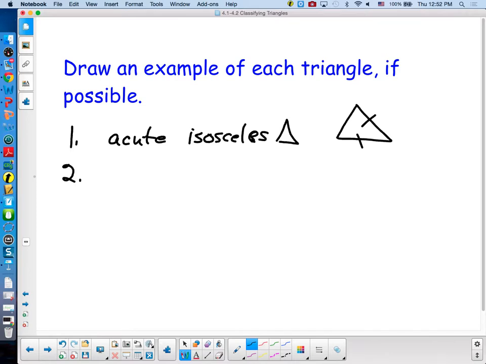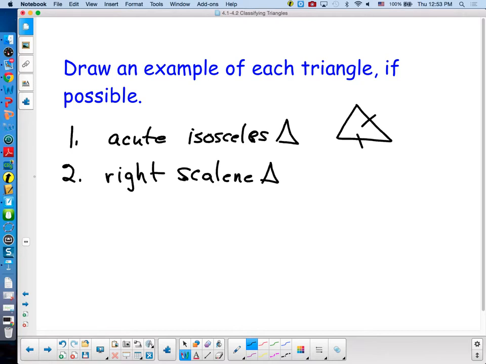Okay, let's draw a right scalene triangle. A right scalene triangle. This is the right triangle. It is possible. And Ben, what's right mean?